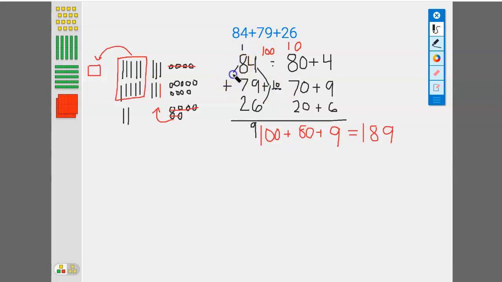And then you show that 8 plus 2 makes 10. And then you add the 7, which makes the 7 tens, which makes 70. And then you add it to the 10, that makes 80. And then you know that this 10 is being regrouped over here. So that makes it 100 plus 80 plus 9, which again equals 189.